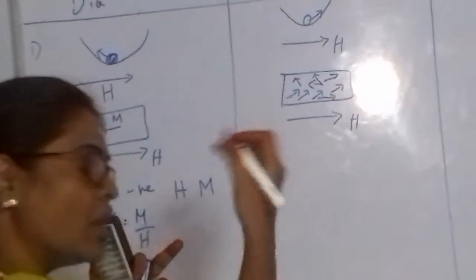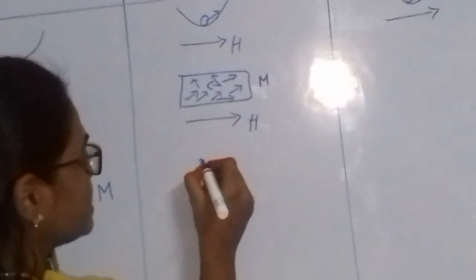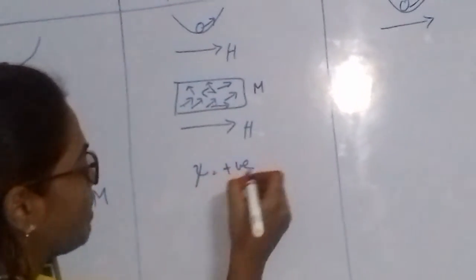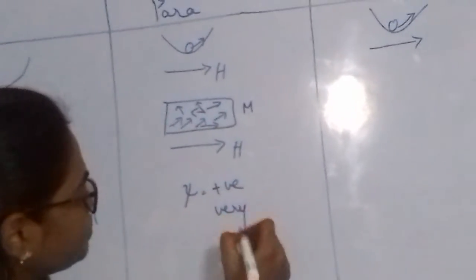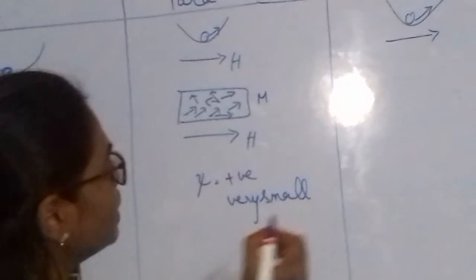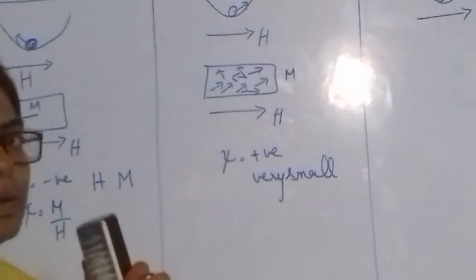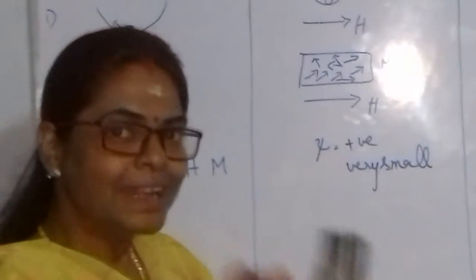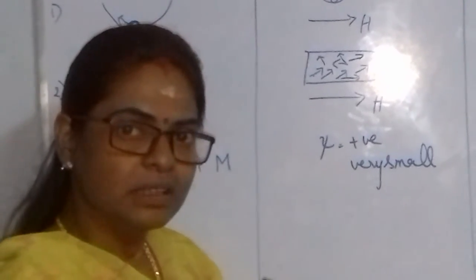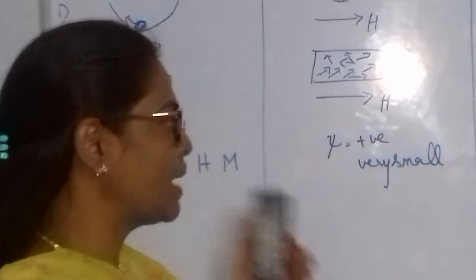Here it is moving along the same direction, so susceptibility is positive, but it is very small, because all the spin magnetic moments are randomly oriented, so putting together the resultant will be very, very small for paramagnetic material.